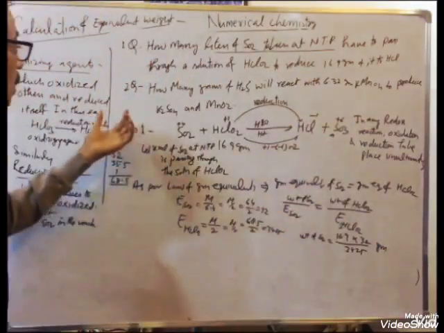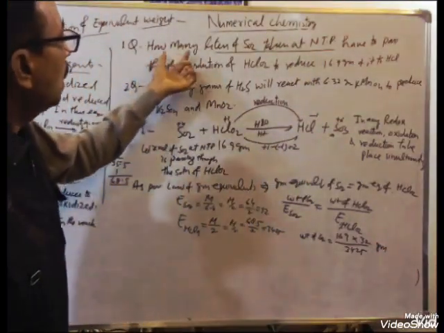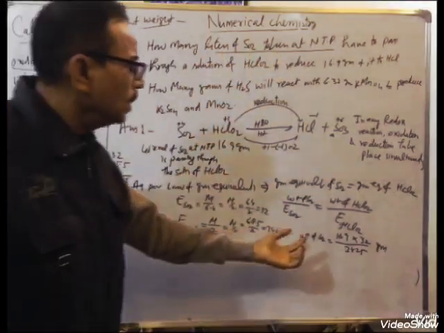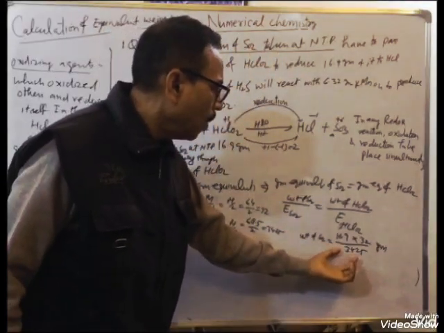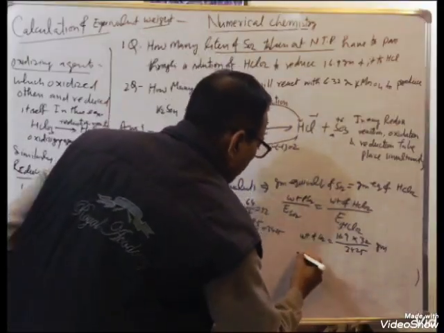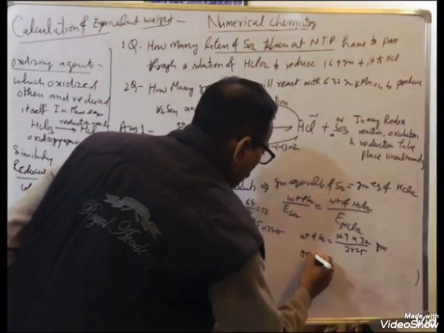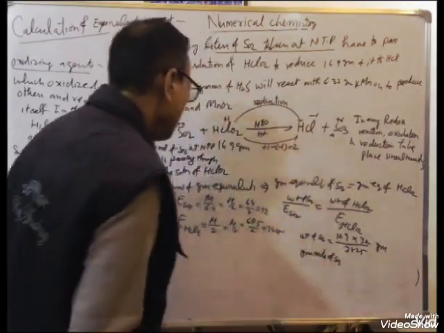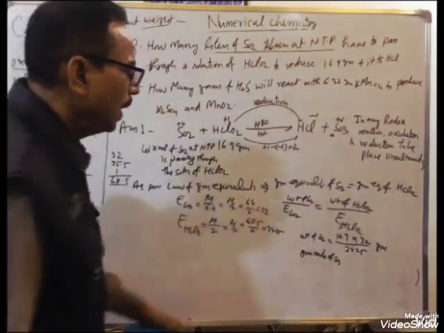Now what is the question? The question is how many liters of SO2? So this is the weight of SO2. So the gram moles of SO2 is the weight divided by the SO2 equivalent weight.